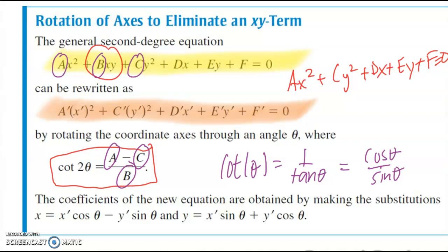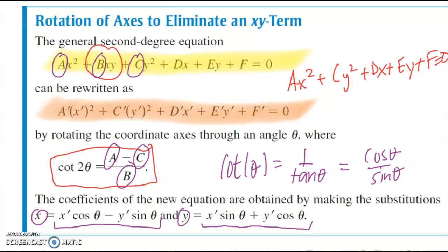then we can use that to make our substitutions, which we have on the bottom. The coefficients of the new equation are obtained by making the substitutions x equals x prime cosine of theta minus y prime sine of theta. So you're going to substitute x with this, the new one, because you have found theta. And then y, you're going to substitute it with x prime sine theta plus y prime cosine theta.